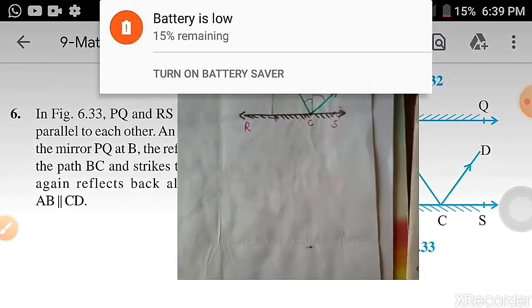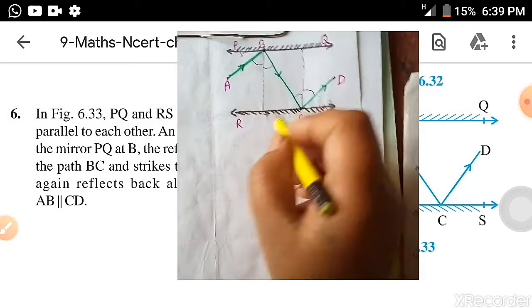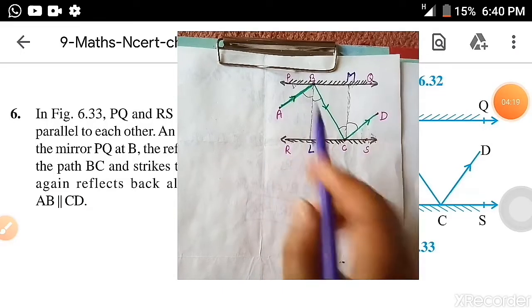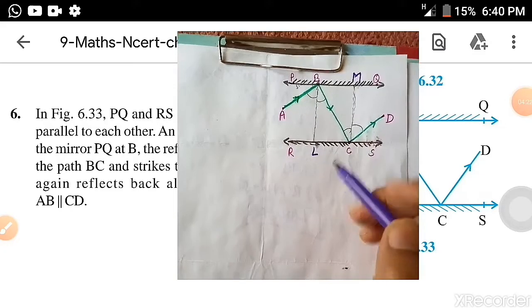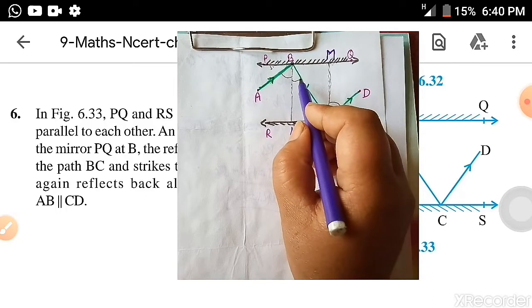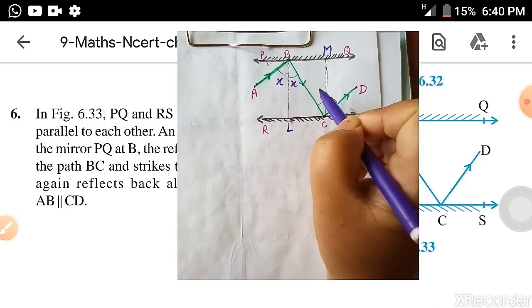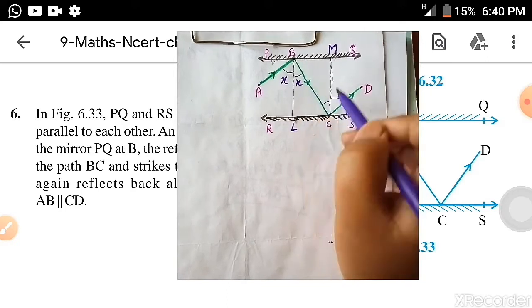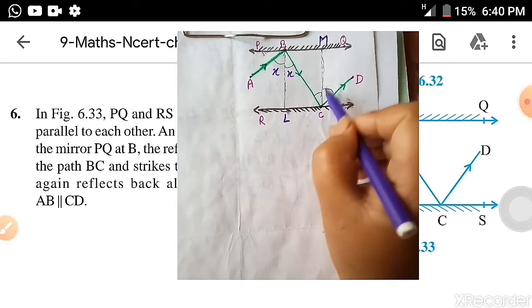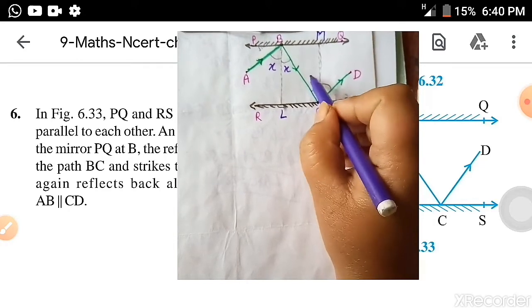We can give some names to these, PL and CM, which I have written here. I told you the incident angle is equal to the reflected angle, so we can write it as X and X. We can assume anything. Here also there is an incident angle, but we don't know what angle this is, so we can assume it to be Y.